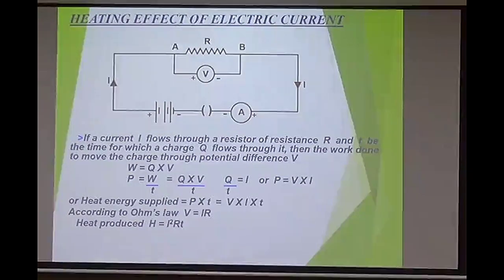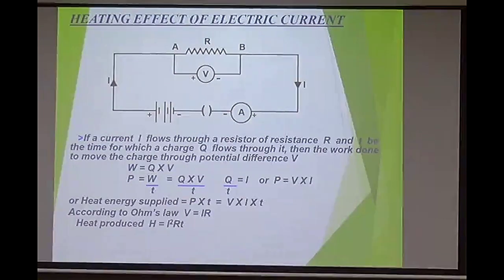Joule's law of heating says that whenever you increase the current flowing through a conductor, the resistance of the conductor, or the time for which current is flowing, you increase the heat energy being produced in it. We are using devices like electric iron where we convert electrical energy to heat energy. So we want to know how much heat energy is being produced. Now that heat energy depends on I square RT.